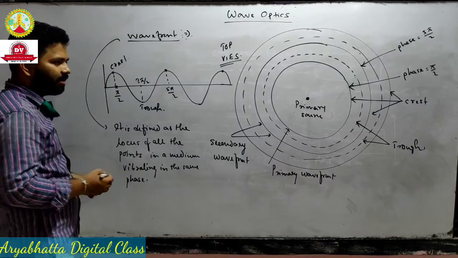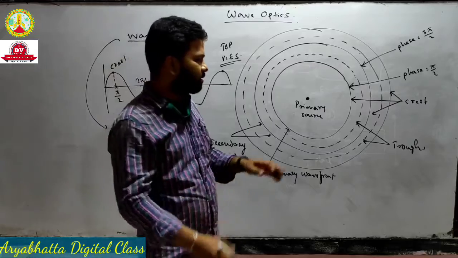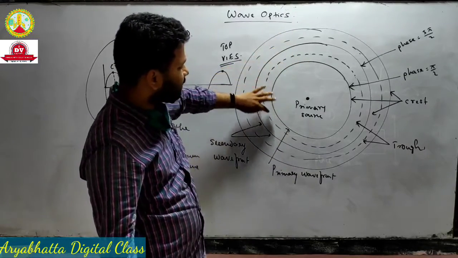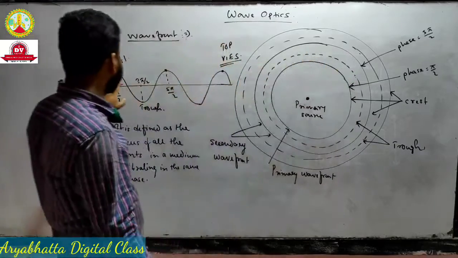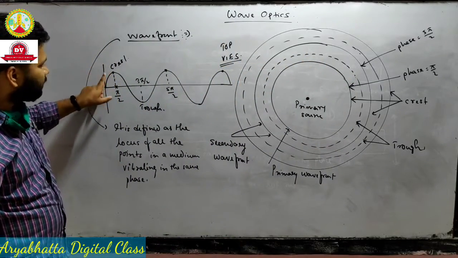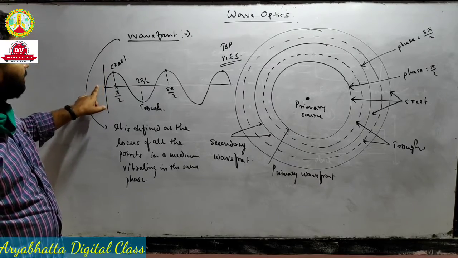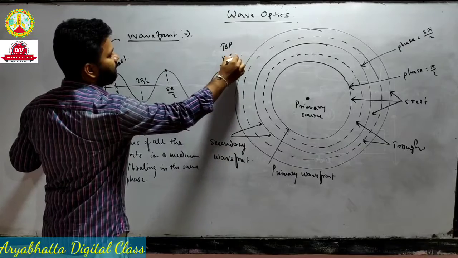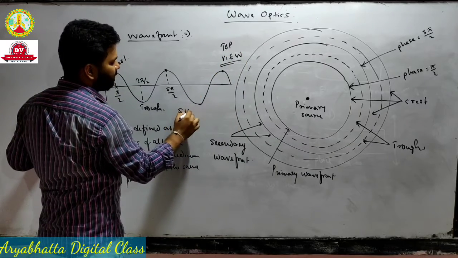Is the definition clear? Look, the first wavefront, here all the points are vibrating in pi by 2, this one. This is the point, this is the wave. If we observe from the side, this is the top view, not the face, this is the side view.